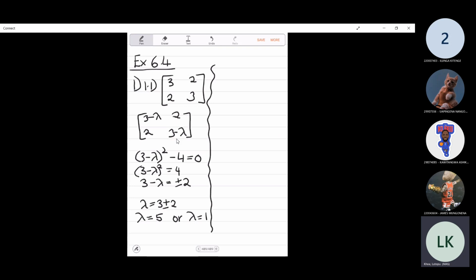So when lambda is equal to 5, what I have is 3 minus 5, which is minus 2, and then 2, then 2 here, and 3 minus 5, this is minus 2, and remember this is the augmented matrix.